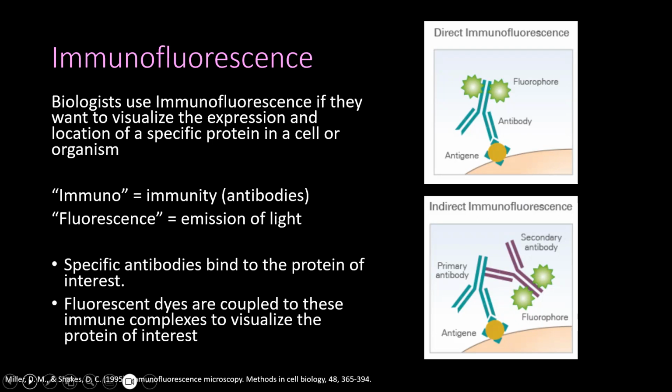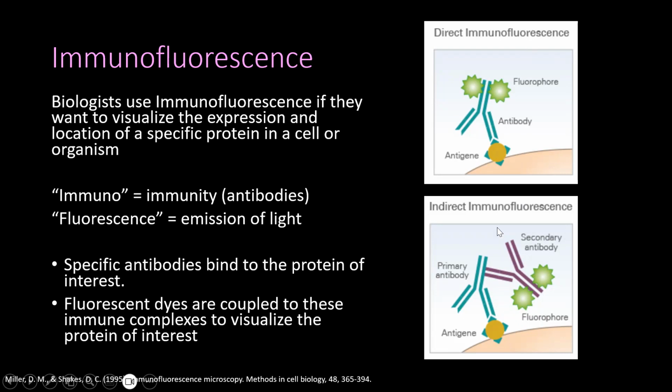So there's direct immunofluorescence, in which an antibody connects to an antigen present on the target protein, and connected to that antibody is a little fluorophore, which is just the molecule that is fluorescent. That's direct immunofluorescence.